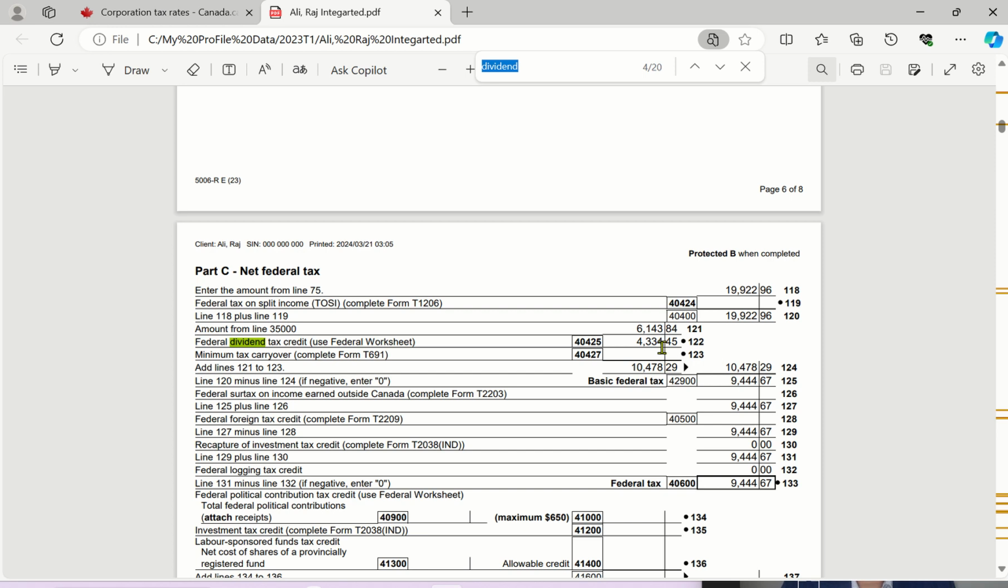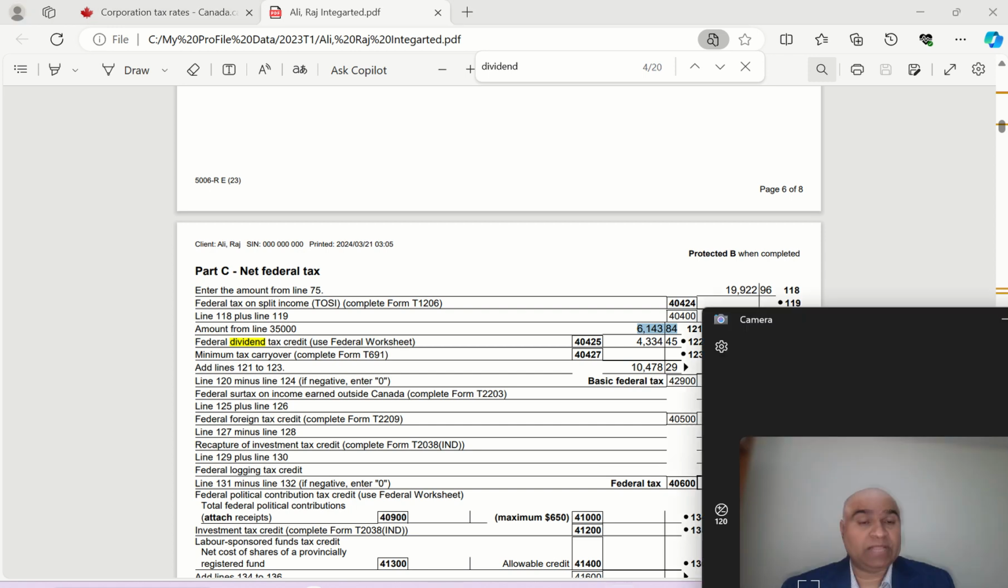This is the tax credit, and I'm not sure if it did gross this up. I'll have to take a look at that. The software is automatically supposed to gross this up. But I'll take a look at it.